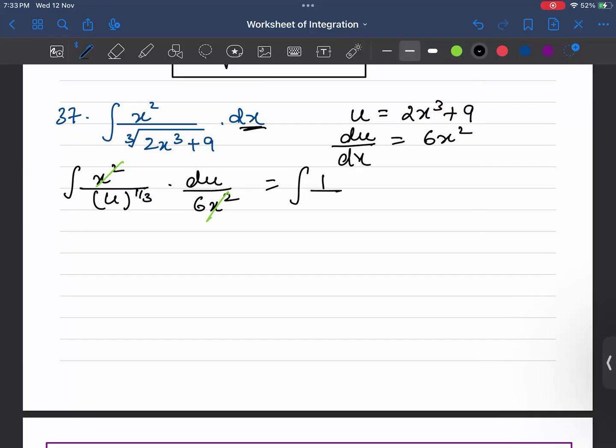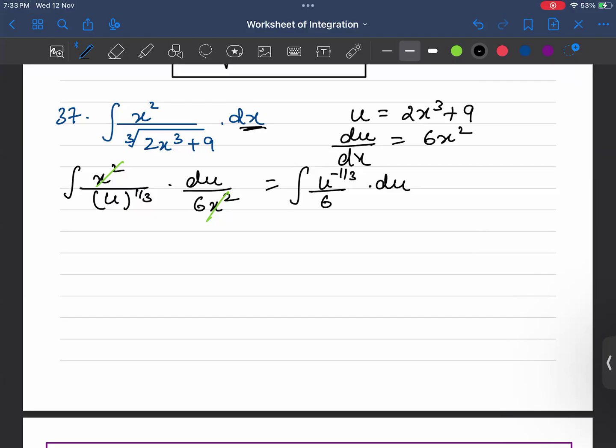I am left with 1 upon 6 u power 1 by 3 du.